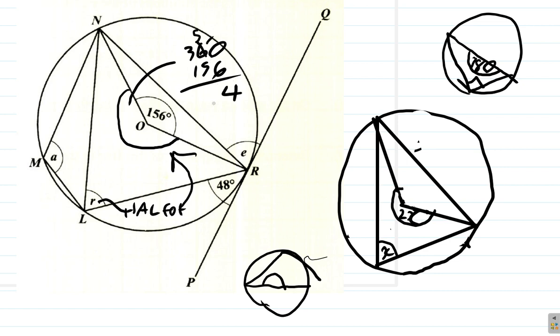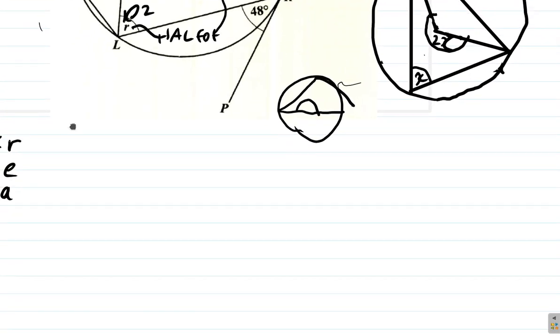This is 4. 5 minus 5 is 0. 3 minus 1 is 2. This is 204 degrees. What is half of 204 degrees? It's 102. So R is 102 degrees.